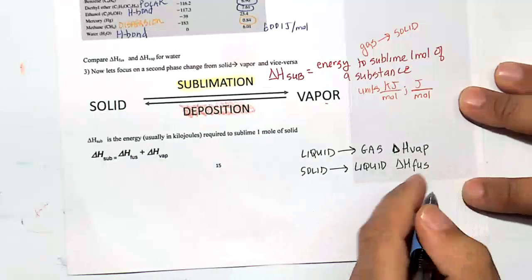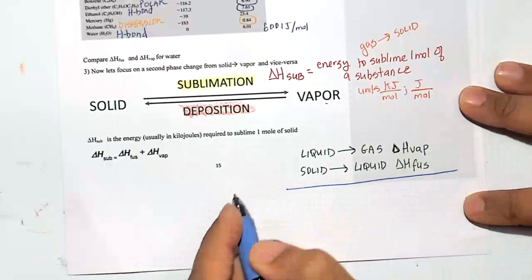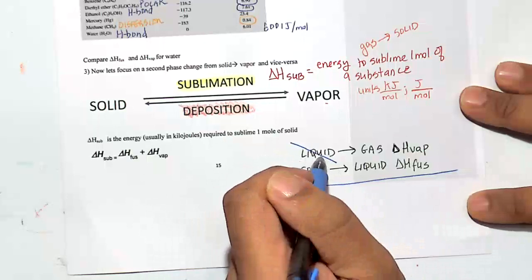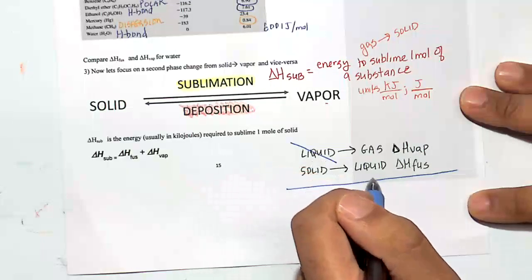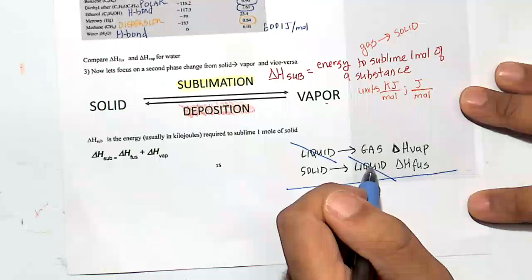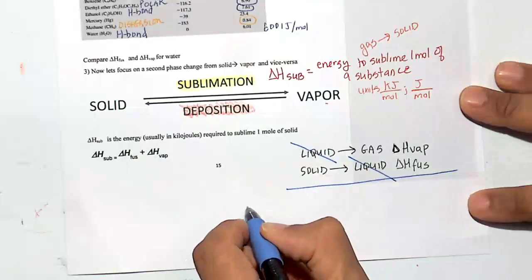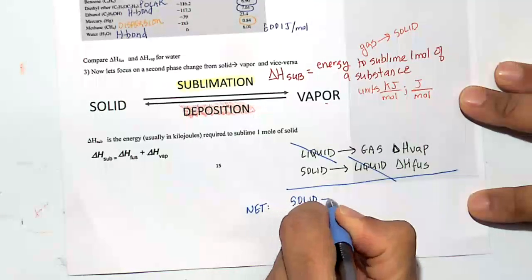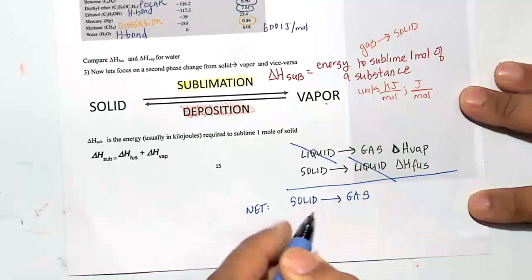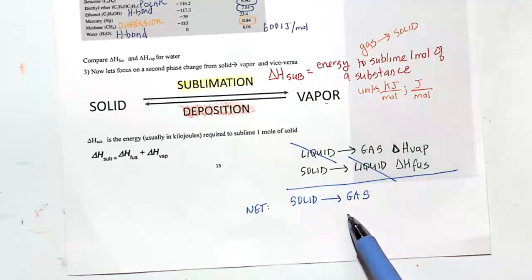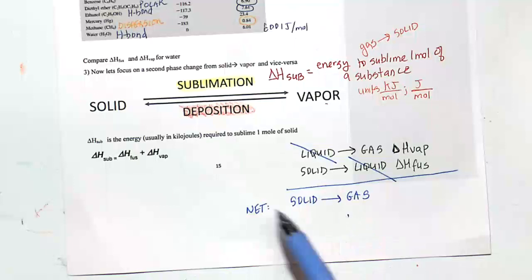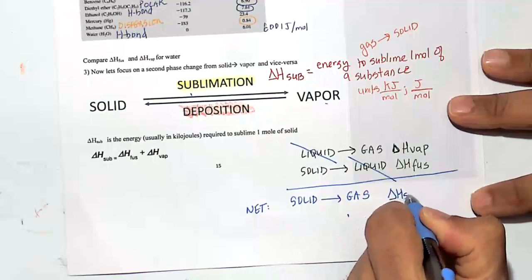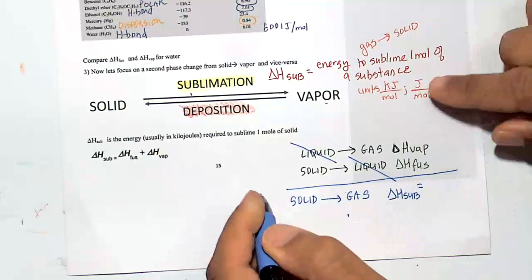I'm going to add these two up. When I add these two phase changes up, the liquid on the left-hand side will cancel with the liquid on the right-hand side, and I am left with the net equation of a solid going to a gas. But what's a solid going into a gas called? Delta H sub. So what is delta H sub?